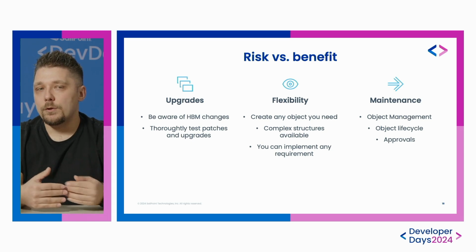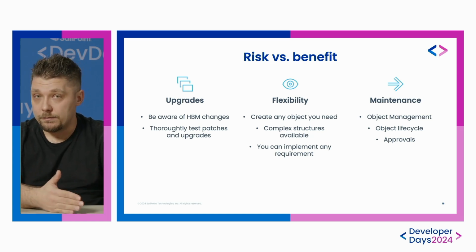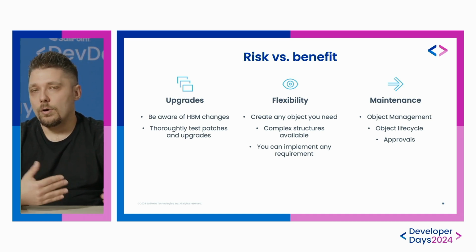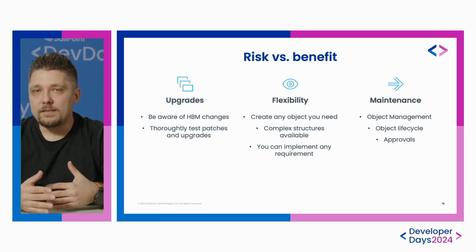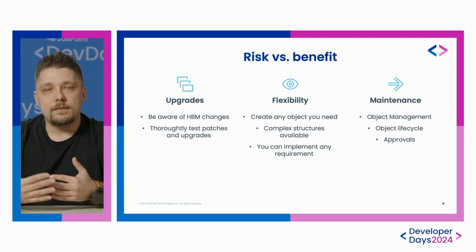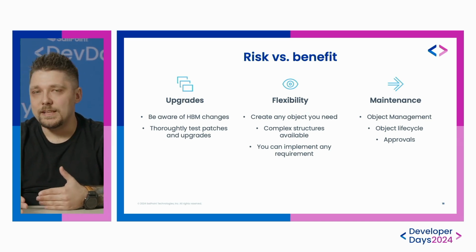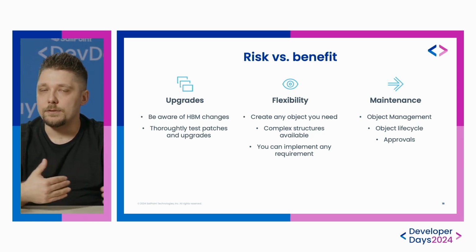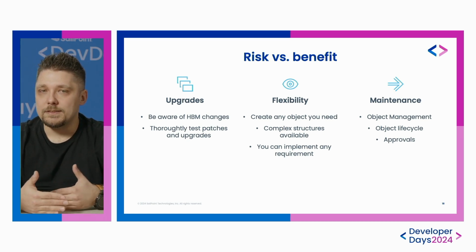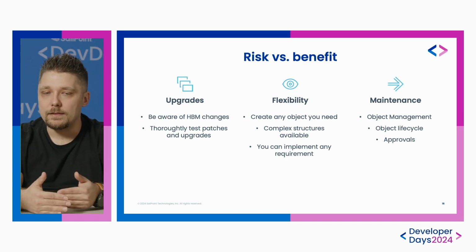That means whenever you do an upgrade later on, you need to be very, very careful, checking if any of the changes are overwritten or removed. That also applies during patching, but it's more unlikely that Hibernate files will change during patching than during an upgrade from, for example, 8.3 to 8.4. But anyway, you need to be very careful with regression testing, because you need to ensure that your data model is stable, whatever happens.